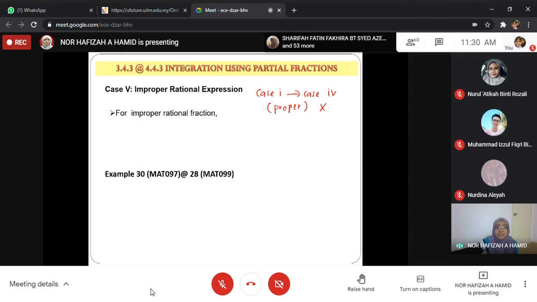For example, you need to divide x minus 1 over x² minus 2. We consider this proper because the degree of the numerator is 1 but the degree of the denominator is 2, so the top has a smaller degree compared to the denominator.